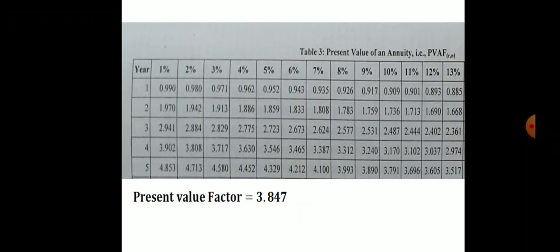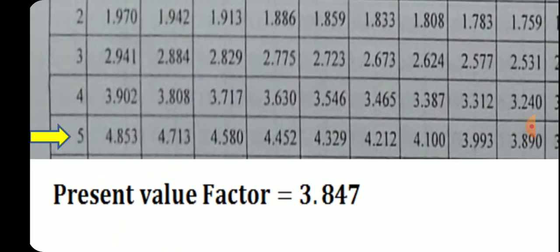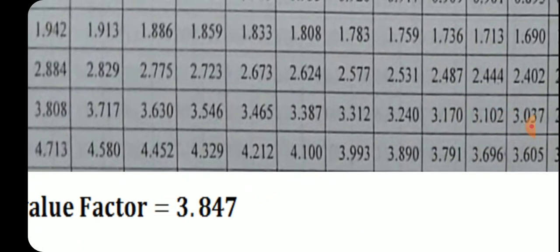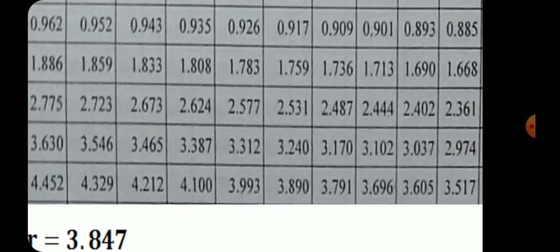While calculating the range, one value should be more than the present value factor and one should be less, so that you can find the range. So for the 5th year only, we have to see from the starting, and first find the value near to that.